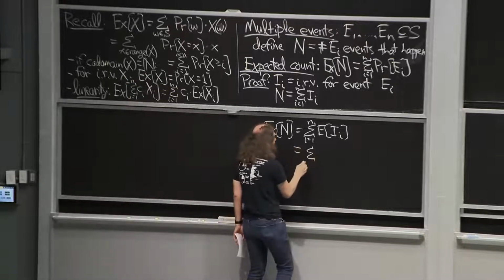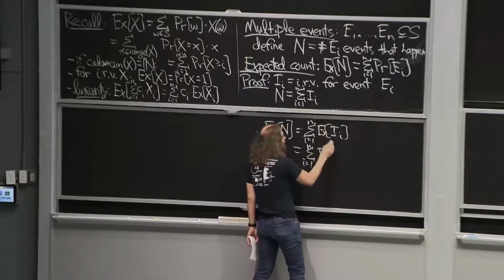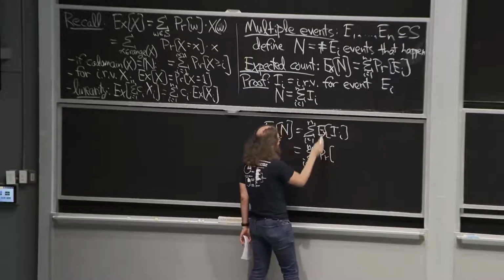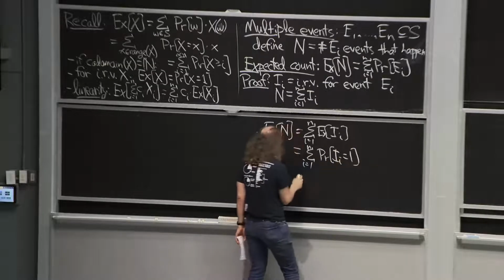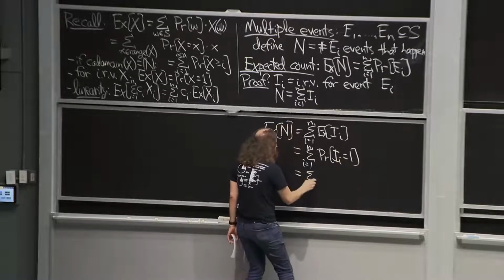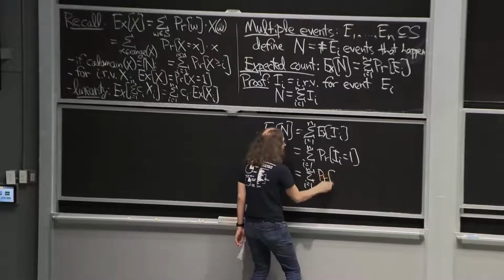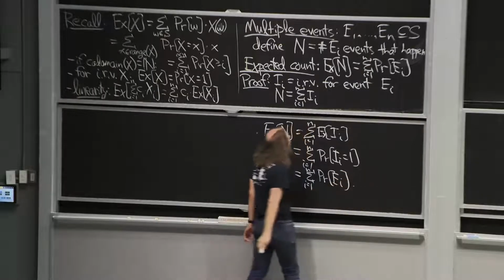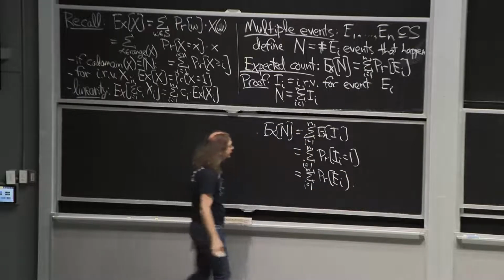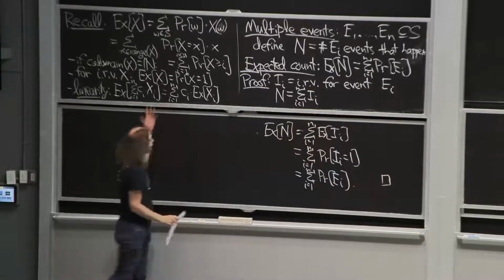So this is sum i equals 1 to n of the probability that I sub i equals 1. And that's just by definition of the I sub i's, that is the probability of Ei. Okay, so very easy proof, but refreshing how we use all these fun facts.